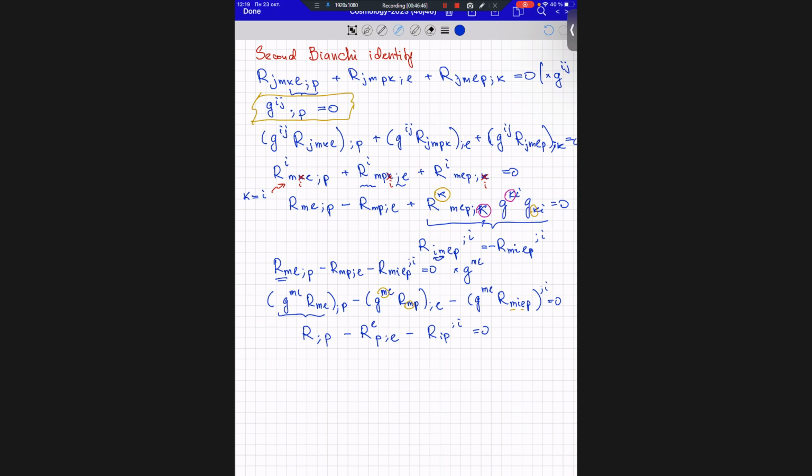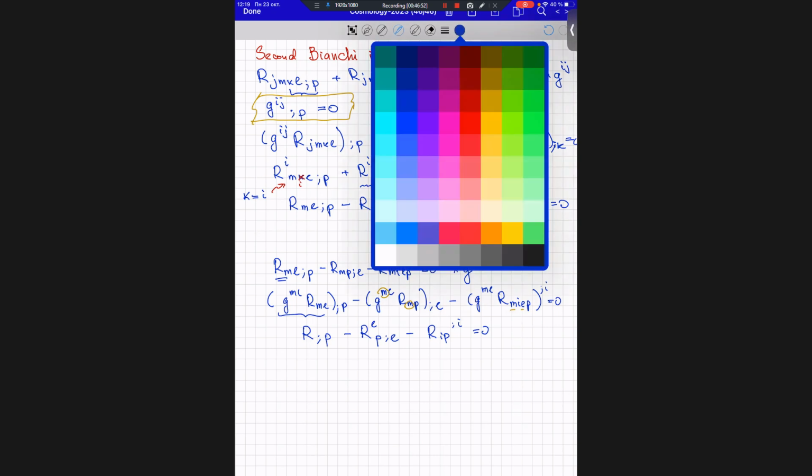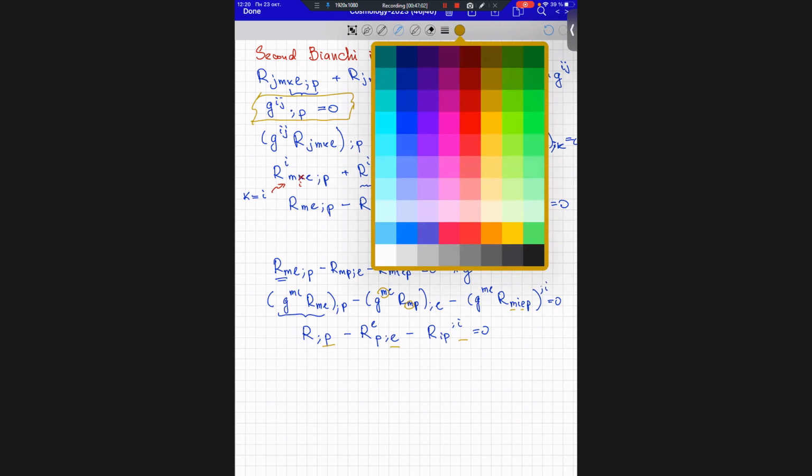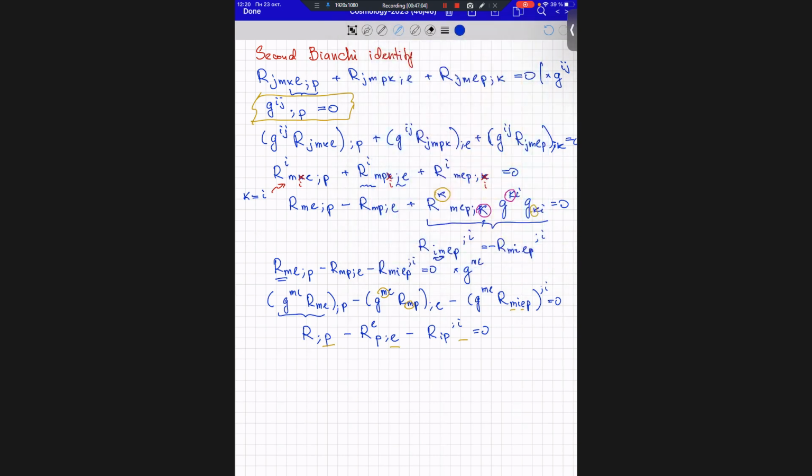You can see that it has already become simpler, but the problem is that we have a different derivative here: here a P, here L, and here I, and even contravariant. I would like to express all of this, if possible, inside one derivative. So let's try to do it.